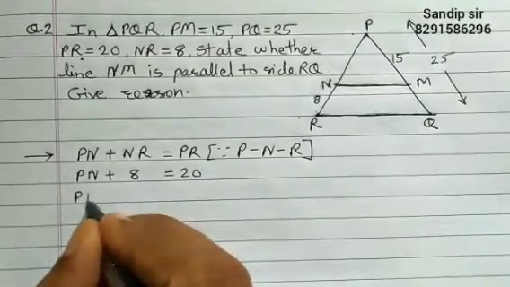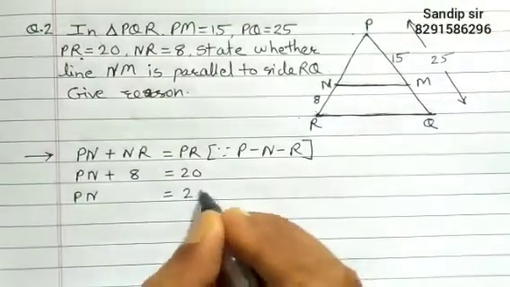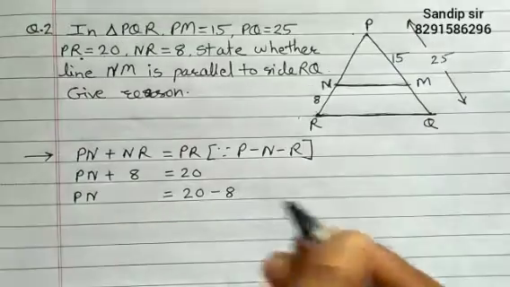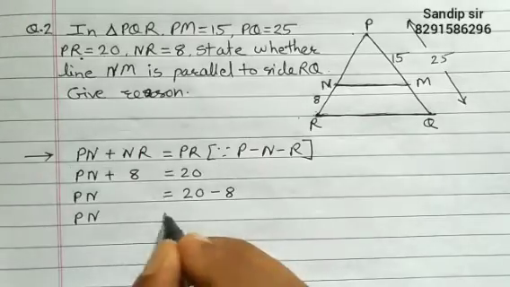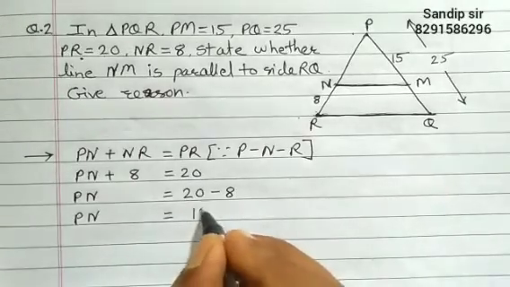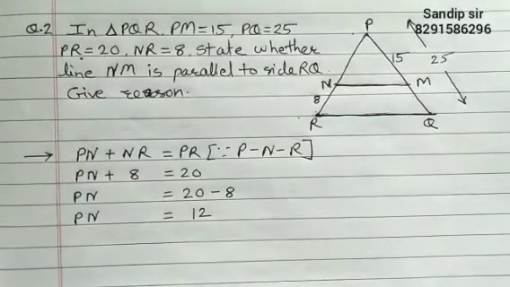So we get PN is equal to 20 minus 8. 20 minus 8, and the PN, subtraction is 12. 20 minus 8 is 12.